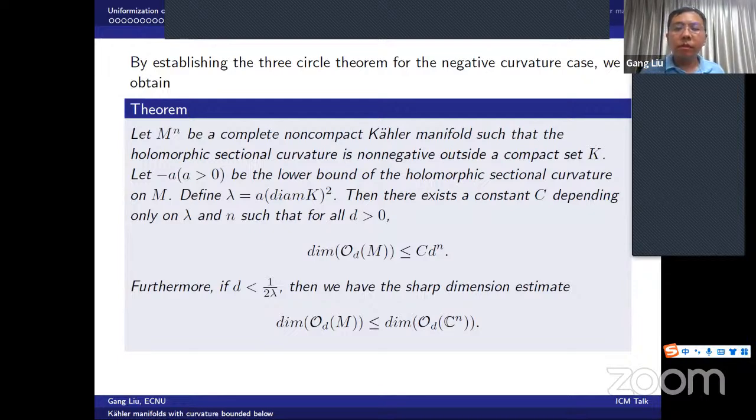Then there exists a constant C depending only on lambda and the dimension, such that this inequality holds. And notice that the power is sharp. Finally, if D is small, then we actually have the sharp dimension estimate. We remark that if D is large enough, then the sharp dimension estimate, I mean the last inequality, does not hold. So D has to be small, say less than 1 over 2 lambda.